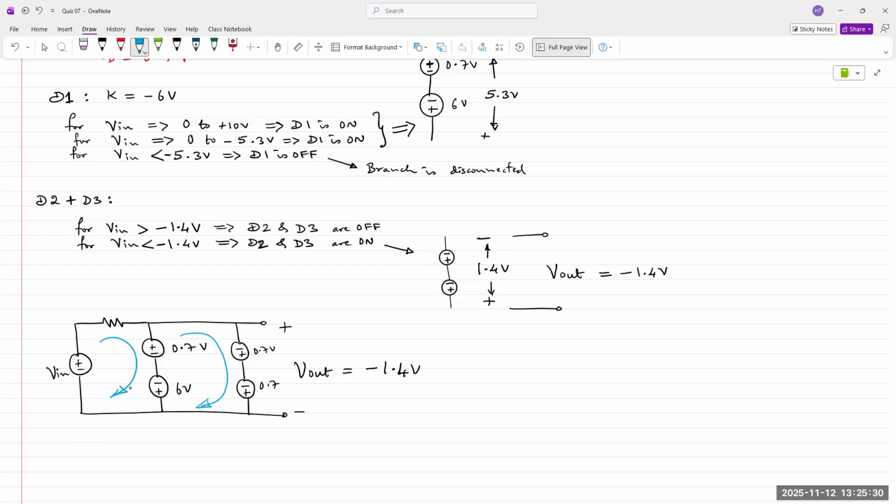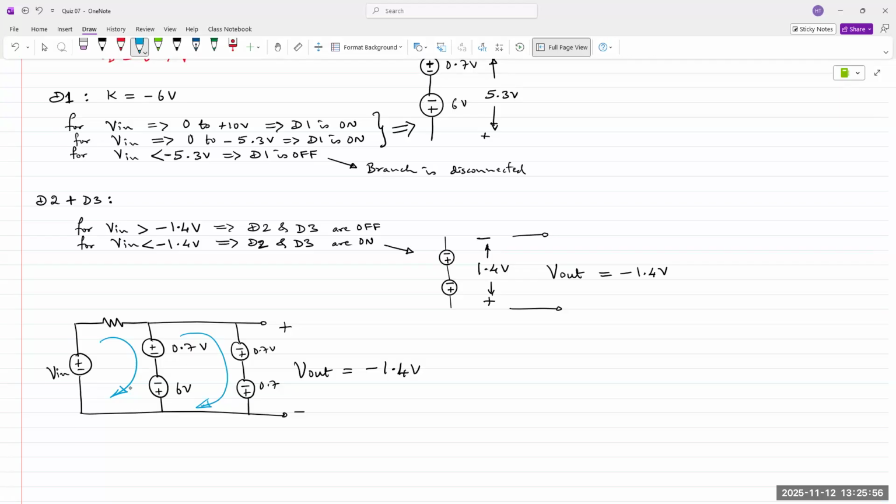Yes. With ideal wires. No, V in is 0 volts.